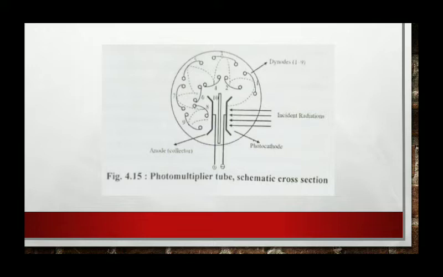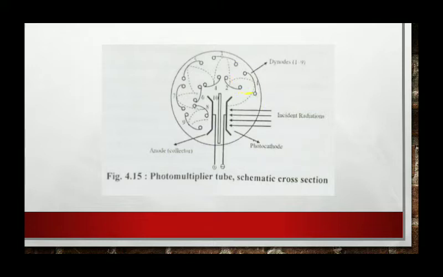A photomultiplier tube consists of a cathode and anode and many additional electrodes that are called dynodes. All these are enclosed in an evacuated glass bulb. A photoemissive cathode is in the form of a half cylinder of metal.